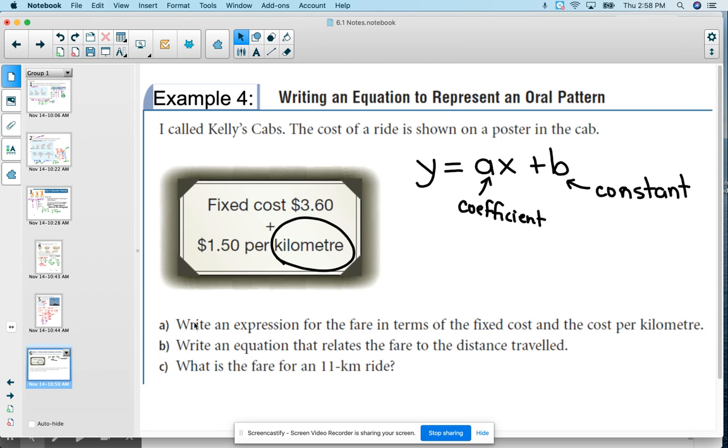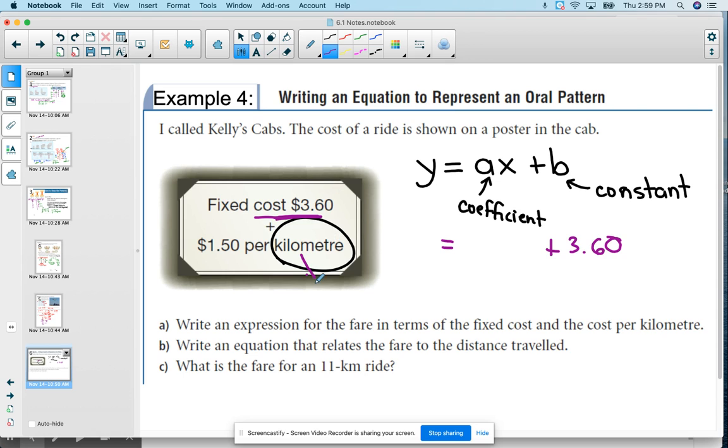So if we're looking for an expression for the fare, this means that we're looking for that rule to apply what's happening. So it's a fixed cost. No matter what, as soon as you get in that cab, it's going to cost you $3.60. So that is your constant. It is going to stay the same no matter what. Well, what are you going to end up having to multiply by? It's $1.50 per kilometer.